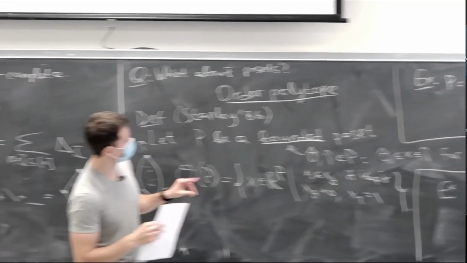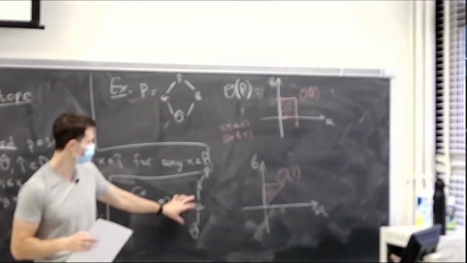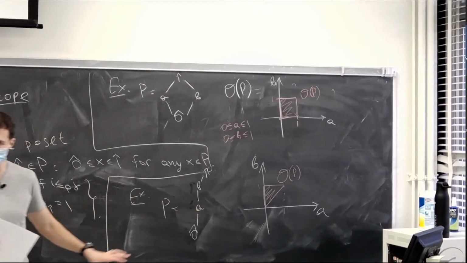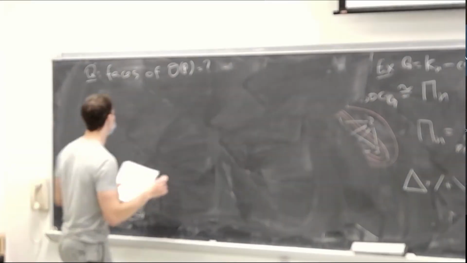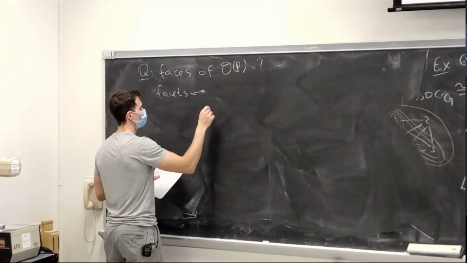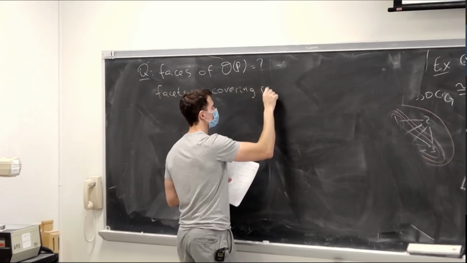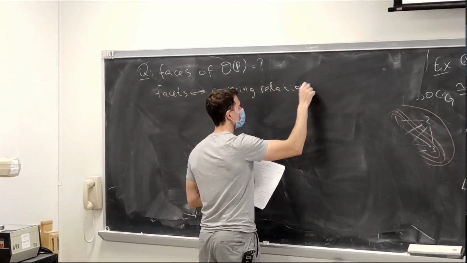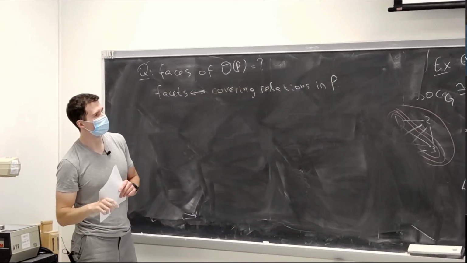I see. So you glue, right? You want to glue two adjacent vertices. You can't glue B and 0 hat without also gluing A to them. So the facets are in bijection with the covering relations in P. All right.